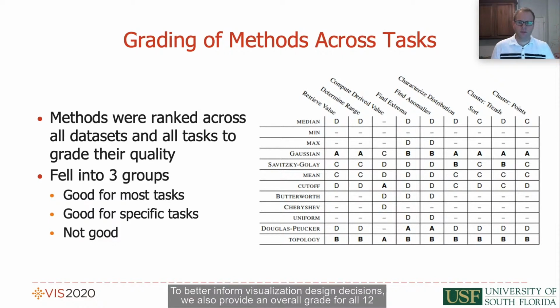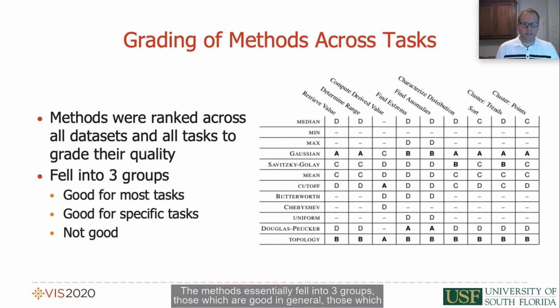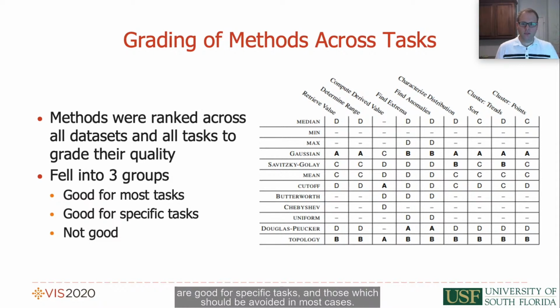To better inform visualization design decisions, we also provide an overall grade for all 12 methods for each of the 8 tasks. The methods essentially fell into 3 groups: those which are good in general, those which are good for specific tasks, and those which should be avoided in most cases.